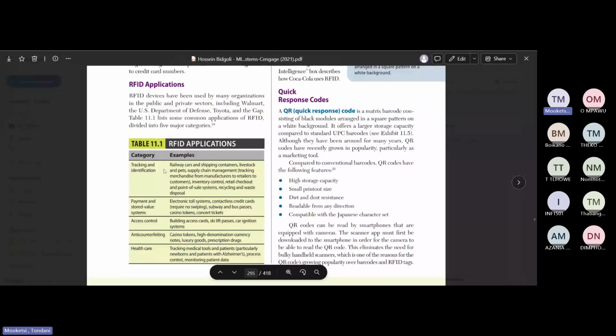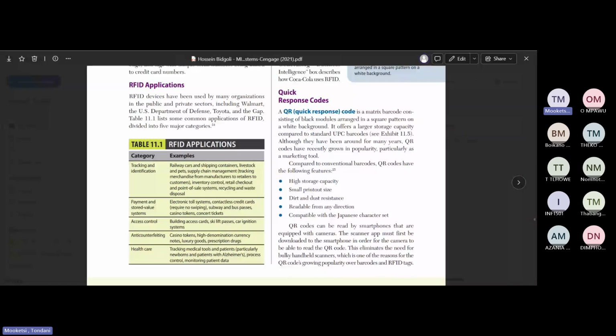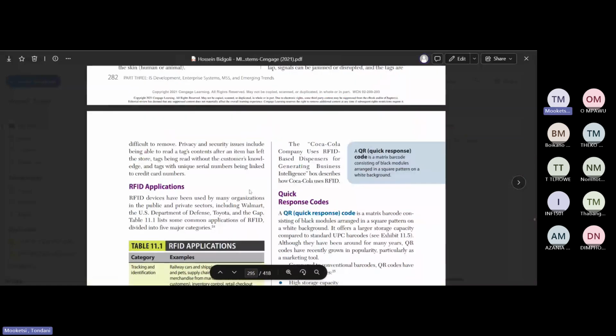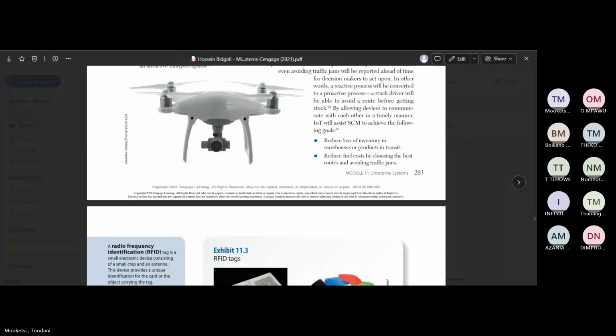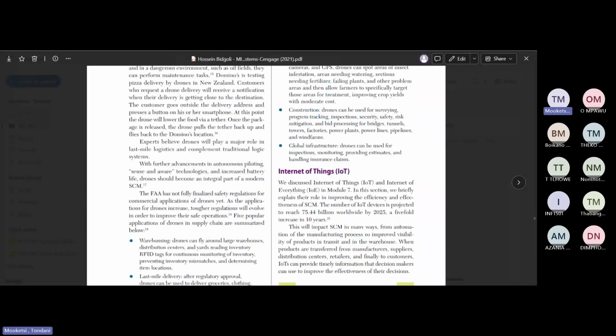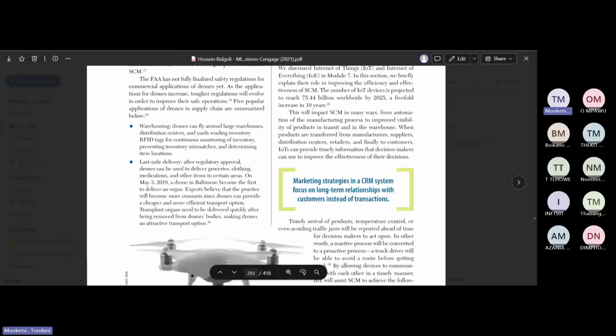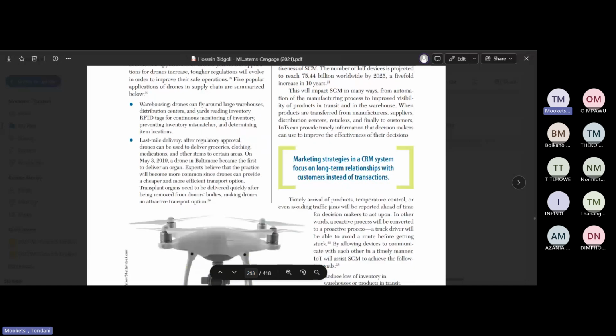So in this section, you can go and read about QR codes, important information that you will need to know, RFID applications. These are some of the things that they might ask you. Internet of Things, you need to know what it is and how it works. They like to ask questions about Internet of Things.